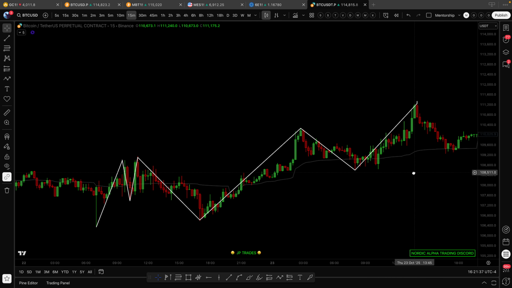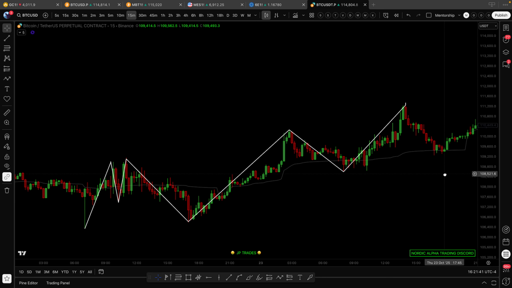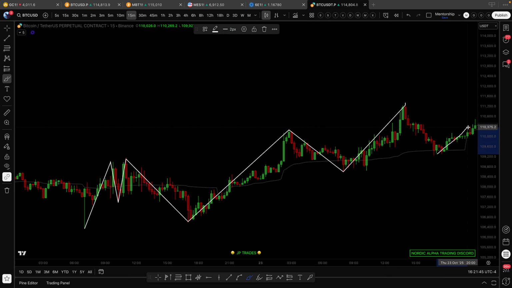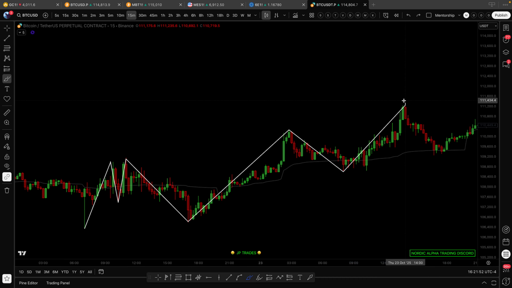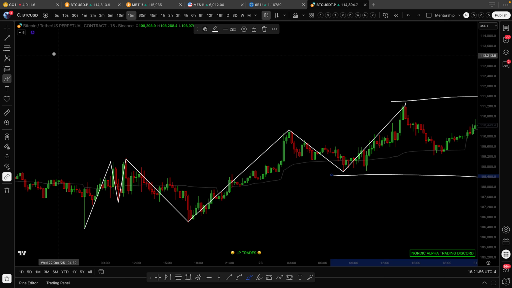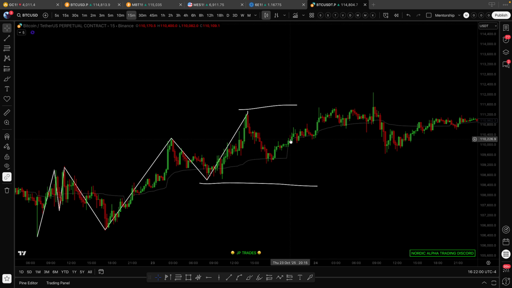For all we know, you might think that right here is our low and we're going back up again. It doesn't matter. Why? Because you could come up again to go right back down and have a market structure shift here. So you have to understand that you're always asking the question, which side did you breach first?